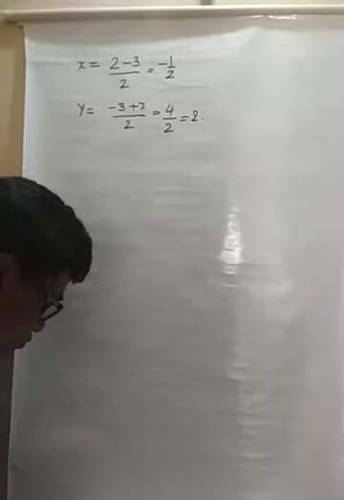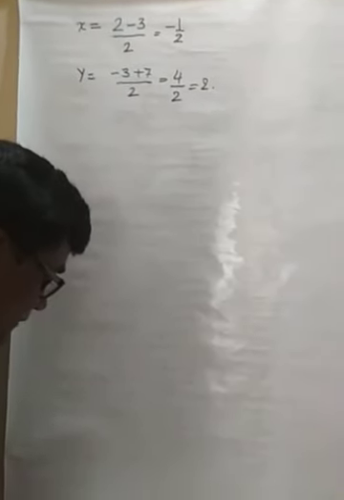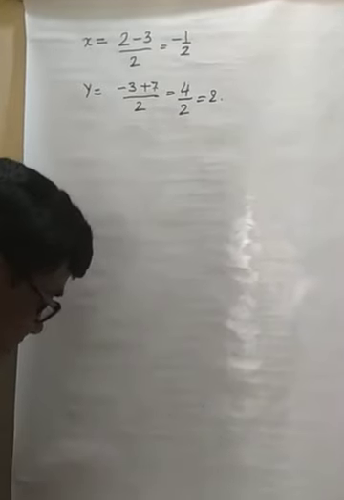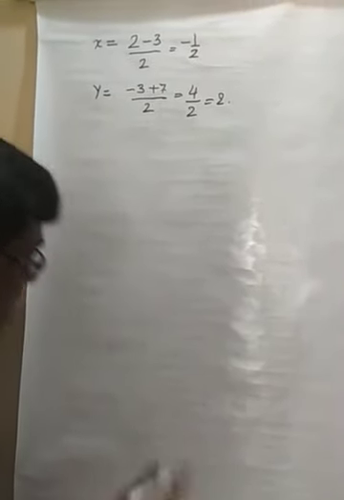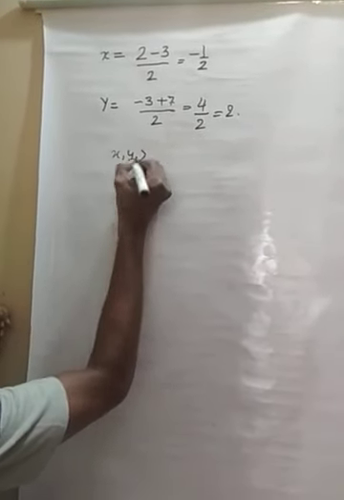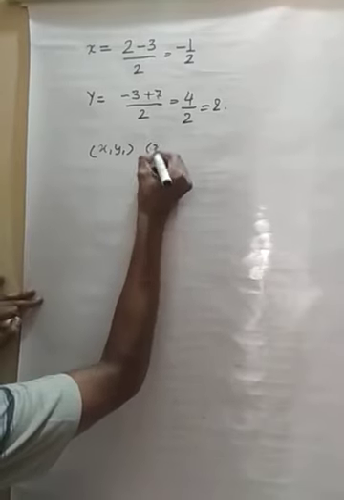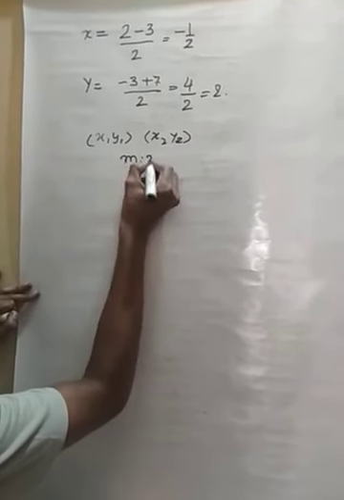In question number 2, the coordinates of 2 points, A and B, are given to you, and P is a point on the line segment AB such that AP is to PB is 2:3. Means x1, y1 is known to you, x2, y2 is known to you, and m is to n is given to you.